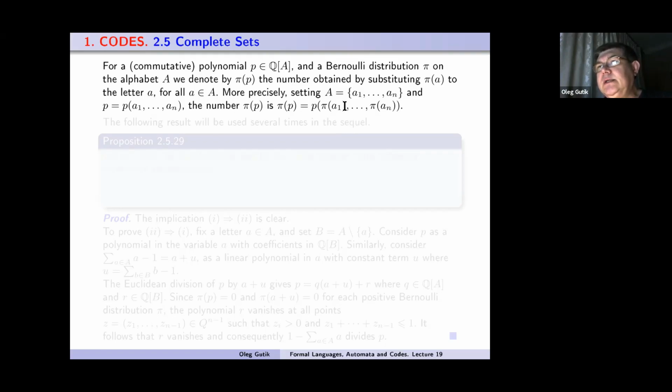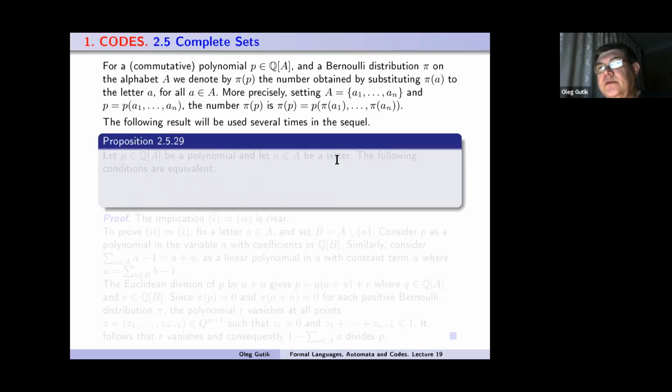More precisely, setting A capital consists of A1, and so on, A_n, and P is equal to P of A1, and so on, A_n, the number pi of P is equal to P of pi of A1, and so on, pi of A_n. And the following result will be used several times in the sequel.